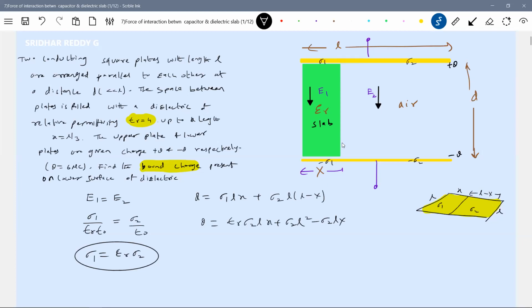So what is the value of epsilon r? 4, no? Okay, 4 sigma 2 Lx. So this will become 3 sigma 2 Lx.